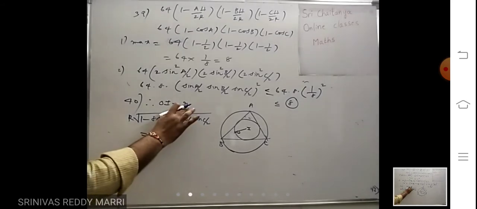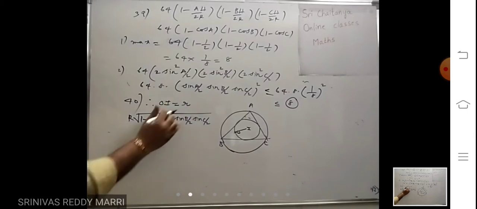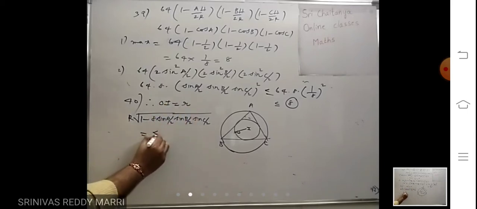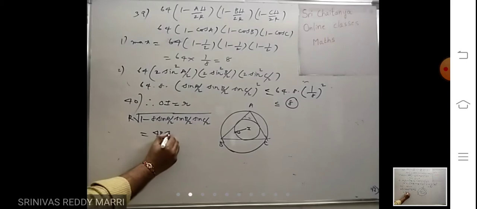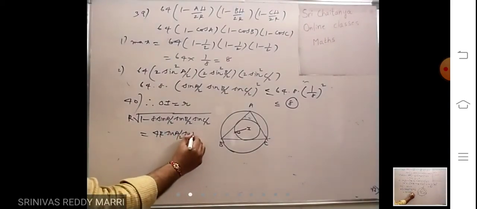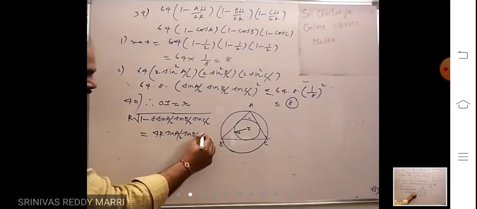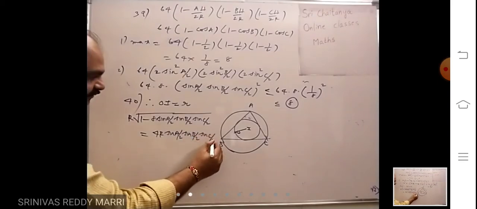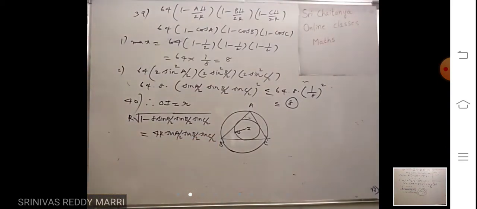The inradius we have in terms of angles: small r is 4R sin A by 2 sin B by 2 sin C by 2. That is the formula for small r, and the other is the formula for the distance between circumcenter and incenter.